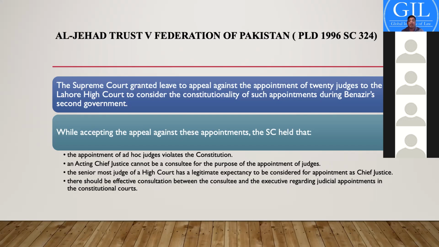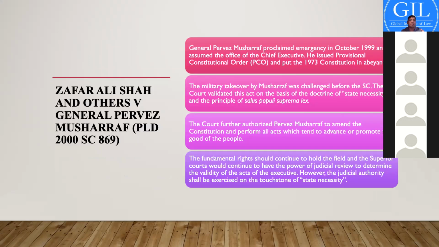There should be effective consultation between the consultee and executive regarding judicial appointments in the constitutional courts. And as you see, the debate has moved on, but this debate about the appointment of judges remains at the very heart of political governance in Pakistan.